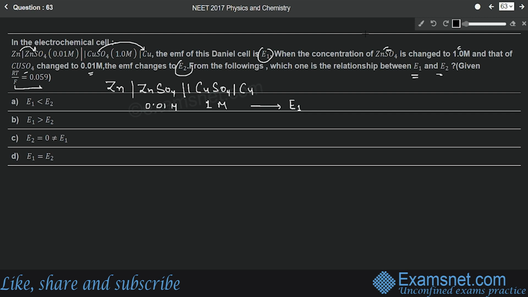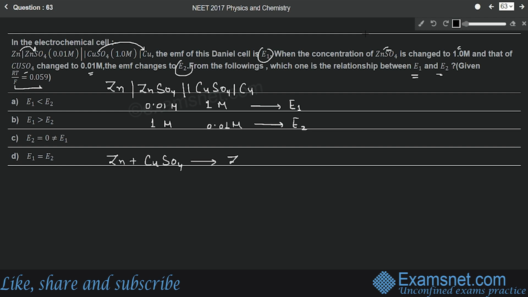But later on, the concentrations are interchanged. That means the concentration of zinc sulfate becomes 1 molar and that of copper sulfate becomes 0.01 molar. And in this case, the EMF becomes E2. Now we have to find the relation between E1 and E2. So for that, let's write down the reaction first. We have a solution containing zinc plus copper sulfate.